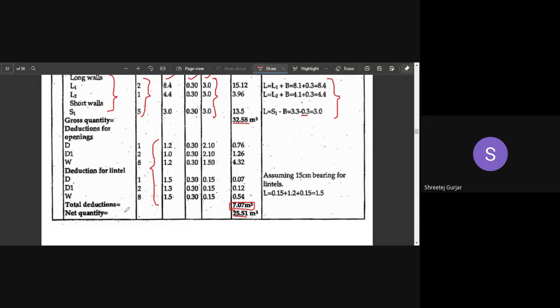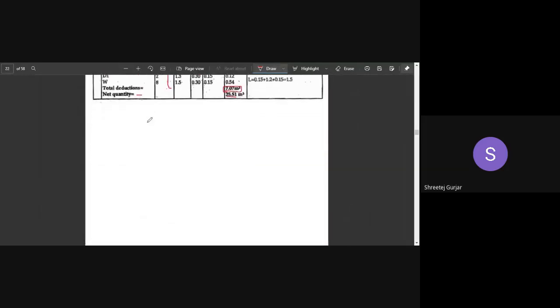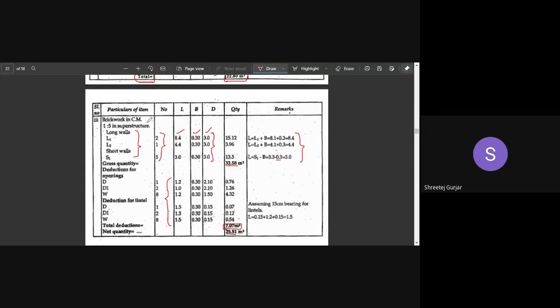That is your net quantity of brickwork, 25.51, which is the same quantity we got using our centerline method. So this is your numerical dealing with both the centerline method as well as the long wall, short wall method.